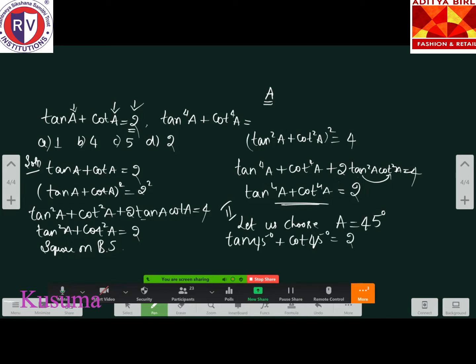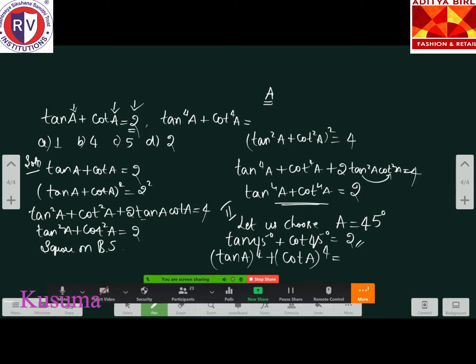That is 1 plus 1 is equal to 2. So this condition is satisfied here, right? Now we have to find out tan⁴A + cot⁴A. So tan to the power of 4A, we can write it as (tan A)⁴ + (cot A)⁴. We can write it that way, right?